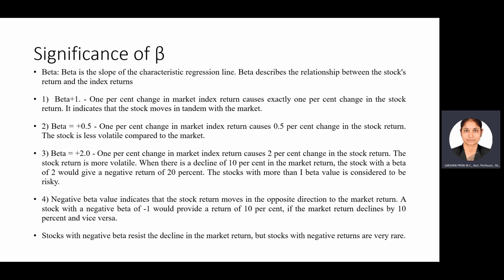The regression model is given by Ri is equal to alpha i plus beta i into Rm plus Ei, where Ri is the return of the stock i, alpha is the intercept, beta is the slope of the stock i, Rm is the return of the market, and Ei is the error term.